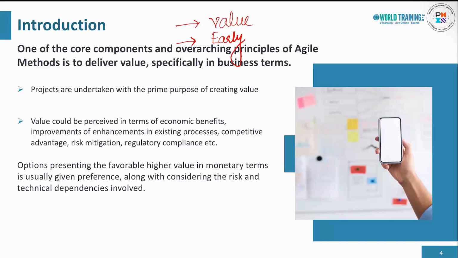So there are various reasons to prioritize the components that deliver value, and there are different approaches to prioritize the value delivered by various components of the project. One of the distinguishing features of agile project management is that in traditional management we deliver all or nothing.